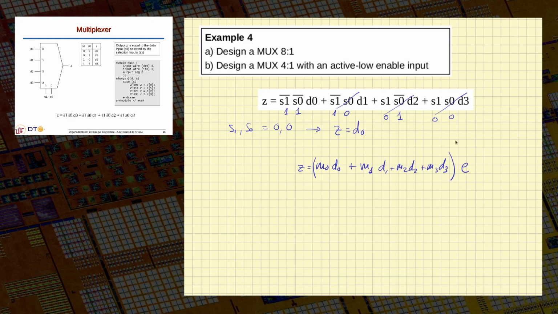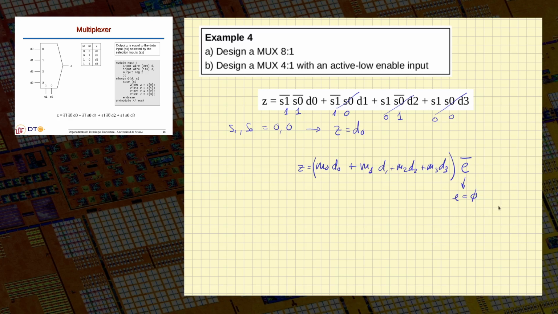We want the enable signal to be active low, so we complement the enable. The idea is that this is the regular operation of the multiplexer, but it will only make it to the output when the enable signal is 0. So we have an active low enable. Okay.